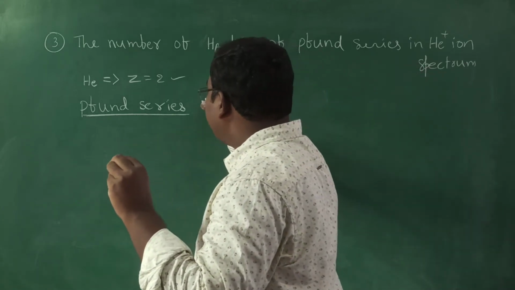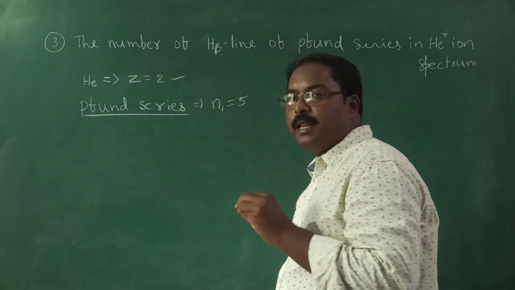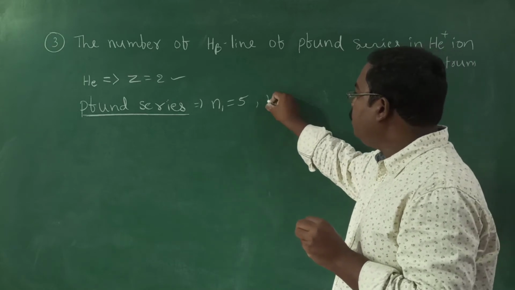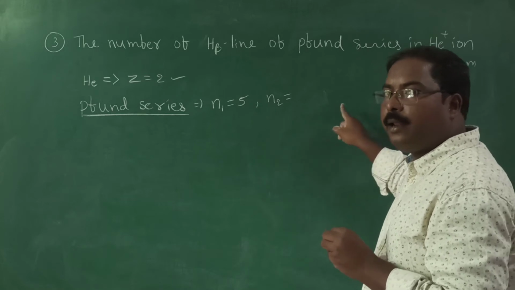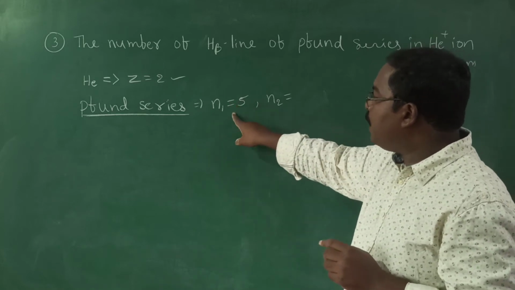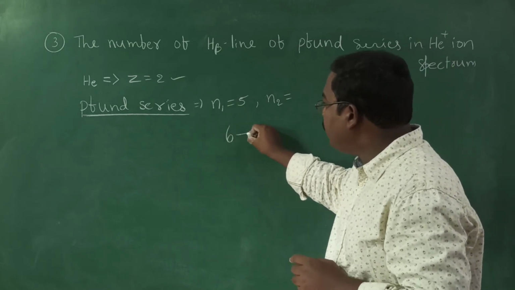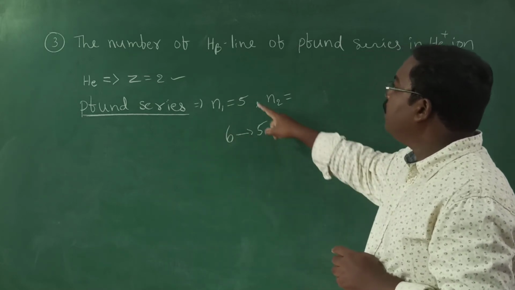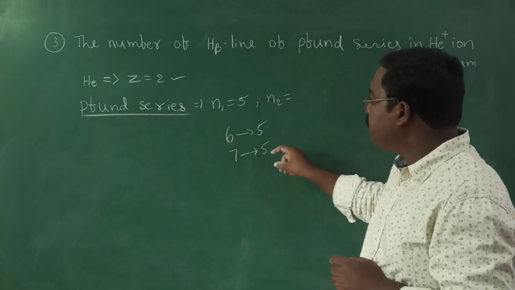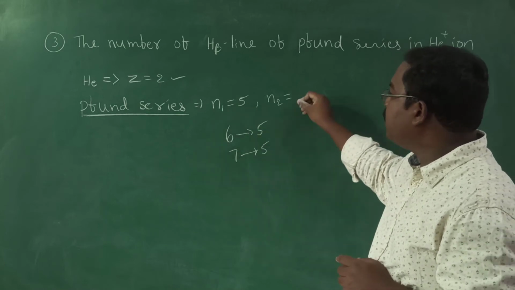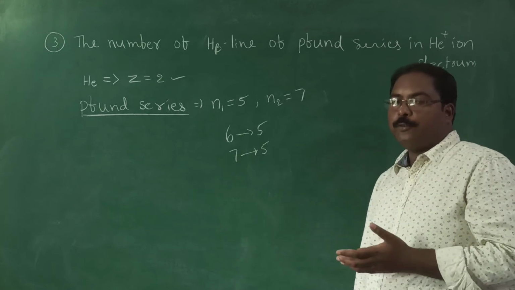Fifth series means n1 is 5, that is clear. n2 values can be anything after 5: 6, 7, 8, like that. So the first line, H alpha line, is 6 to 5. The second line, beta line, is 7 to 5. So n1 is 5, n2 is 7. Understood?